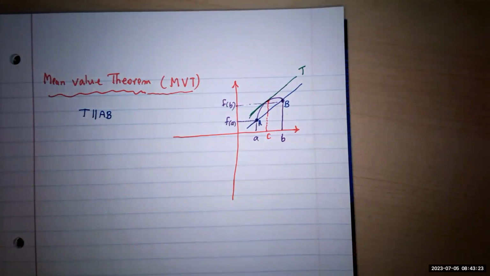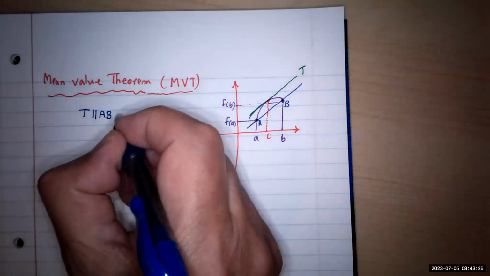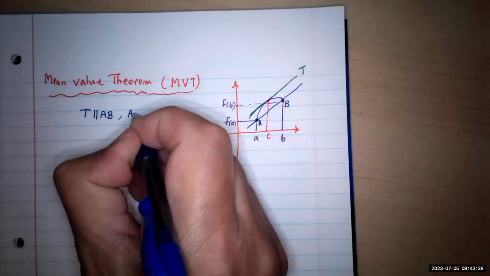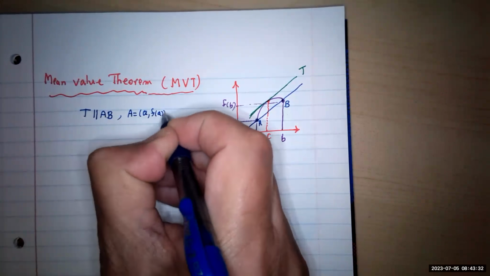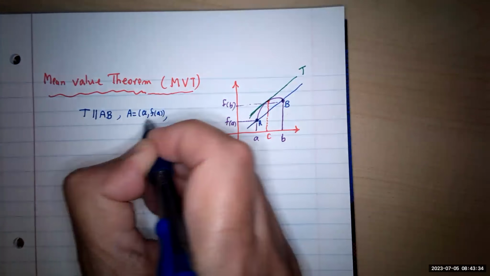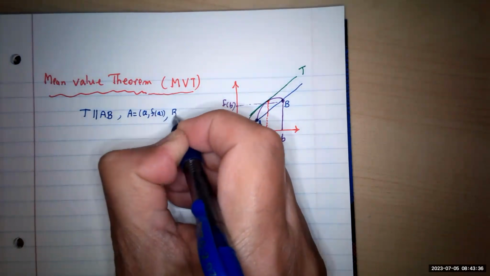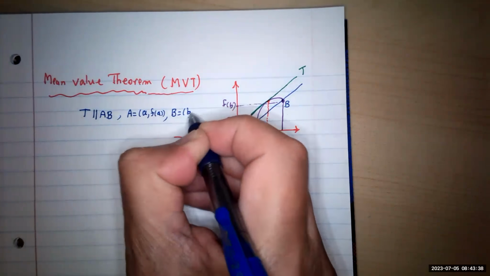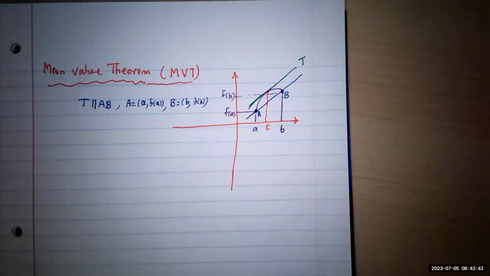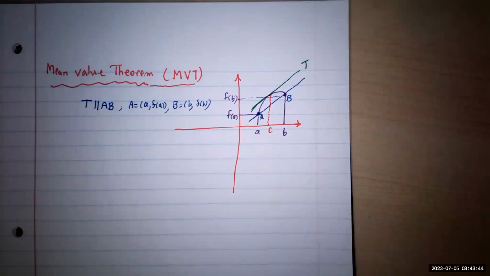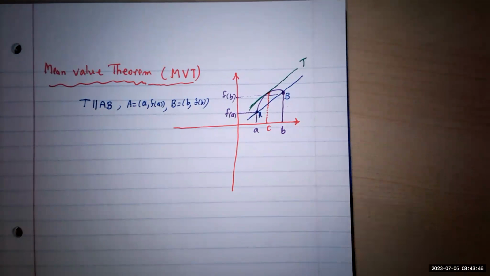Now, what are A and B? The coordinate of A is going to be (a, f(a)), and the coordinate of B would be (b, f(b)). That's the situation that we have. Any question? Now, let's see what you know about this.